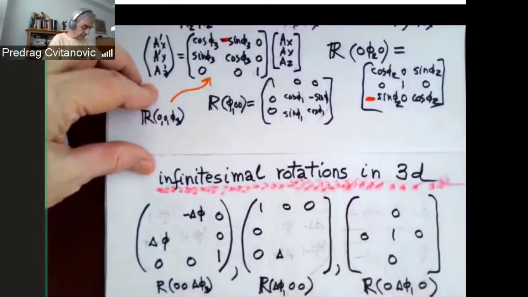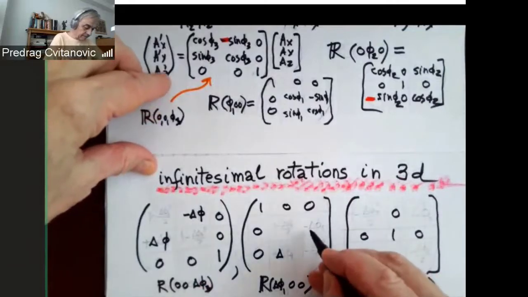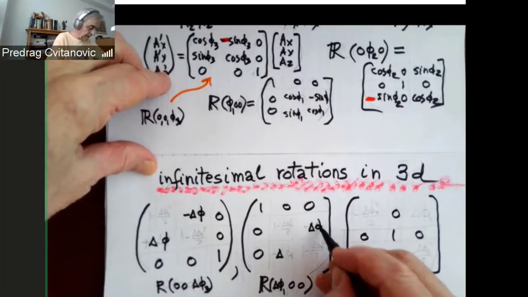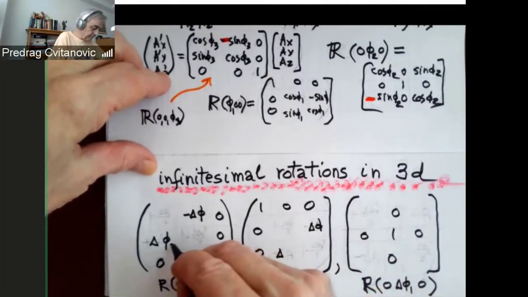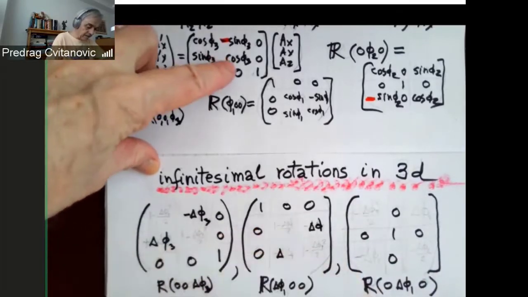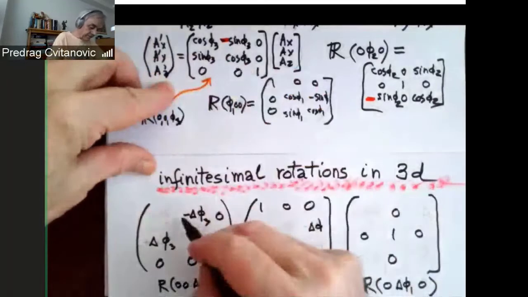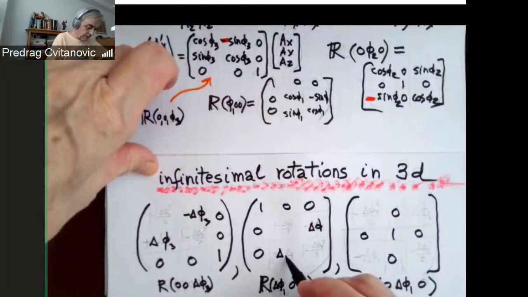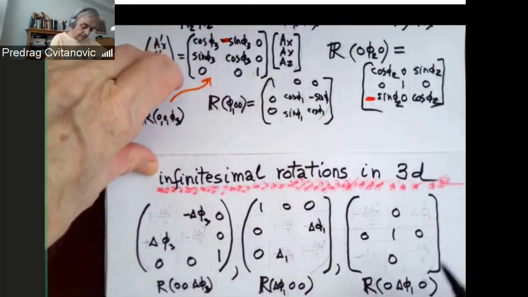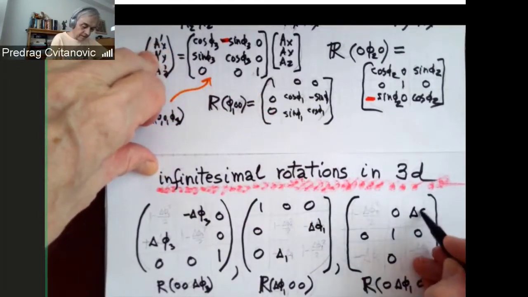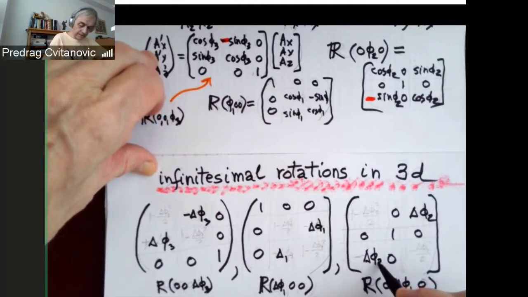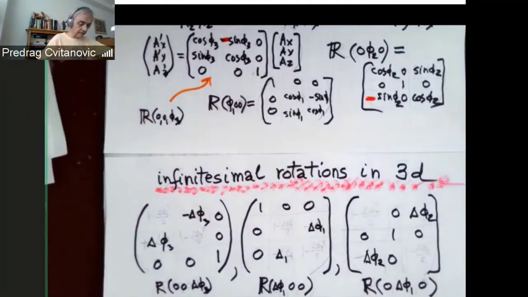So that's what I'm writing here. And this is 3. From here, minus sign is this minus sign. This is this guy, 1, 1. And then there is this guy. And we just have to remember that the sign has migrated down there.